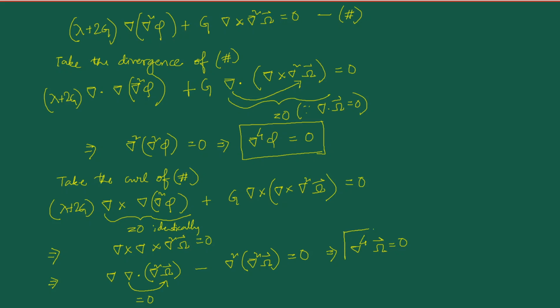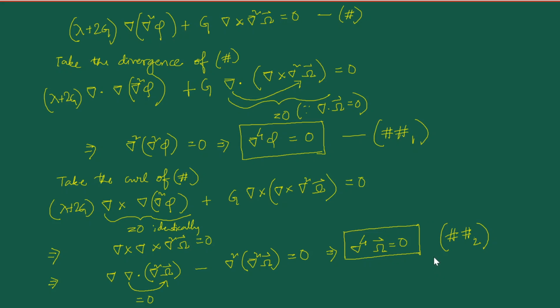So earlier we had obtained that the biharmonic of phi is equal to 0. Now we are obtaining that the biharmonic of omega is equal to 0, and these two equations, #1 and #2, are the two important simplifications which we obtain.